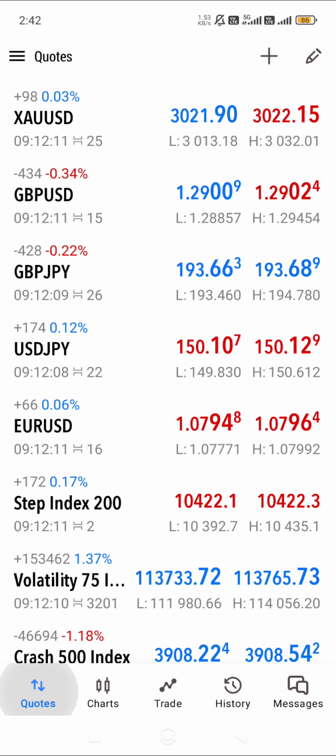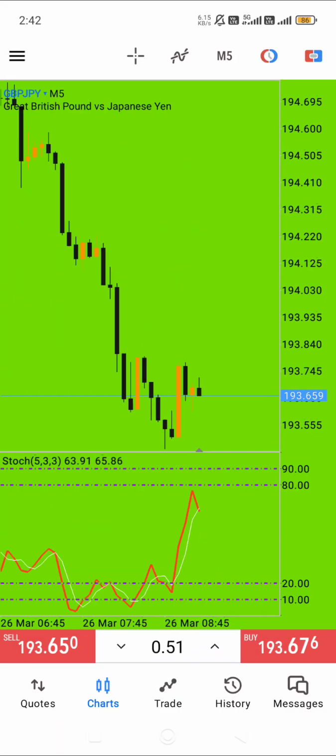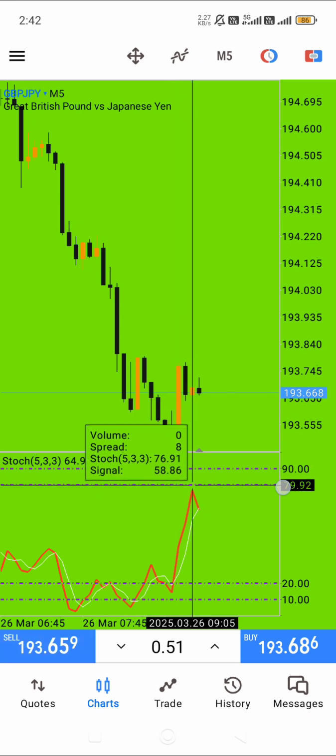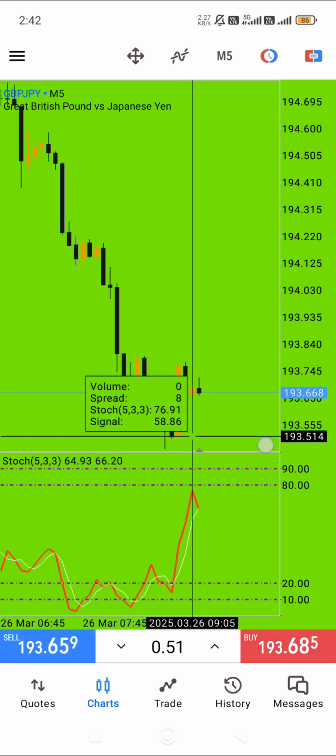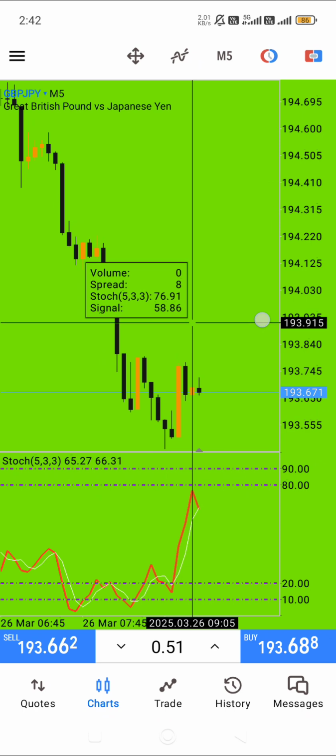Check any other currency there, GBP JPY. All currencies give the same result. Here, if 80 and 90 is the overbought position, the market goes up, then all the buyers are completed, and then sellers start. When 80 and 90 cross the market, check the market go to the downside. Same with 10 and 20, this is the oversold position.